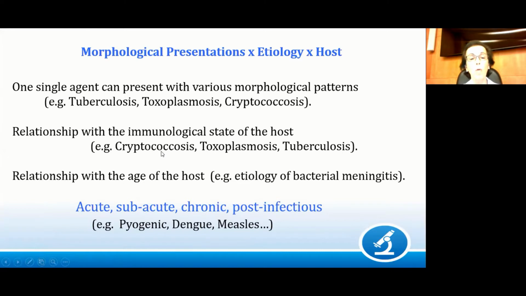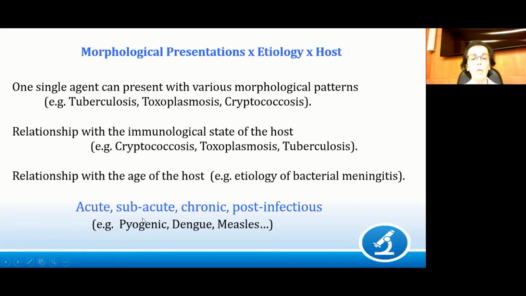And according to the host, for instance, cryptococcosis will appear as meningitis when the patient is immunodeficient. But if he is immunocompetent, it can be a cryptococcoma. Cerebral toxoplasmosis only occurs in immunodeficient patients. Tuberculosis, if the patient is immunodeficient, can occur as an abscess, and I'll show you some cases.